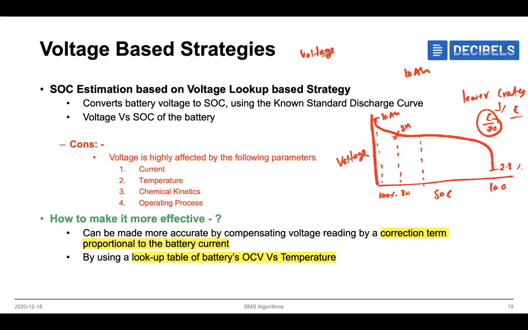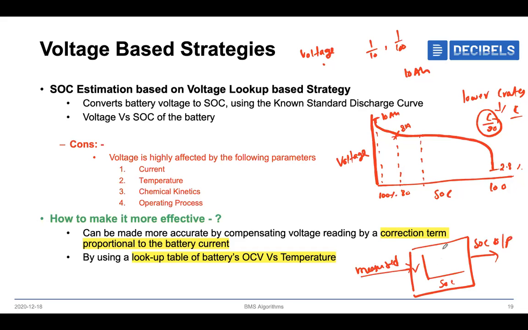If you are using a high sampling frequency, then we can get a lot of data, which means something like every 1/10 or 1/100 of a millisecond. So we can collect a lot of data and your estimation will be more accurate. When you measure the voltage, we give the measured voltage as input to this lookup table, a voltage versus SOC table, and from this we get the SOC as output.